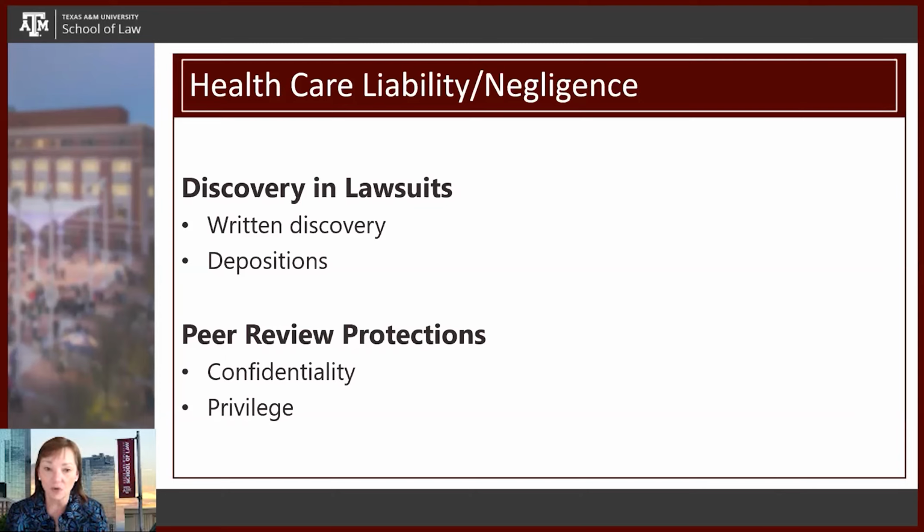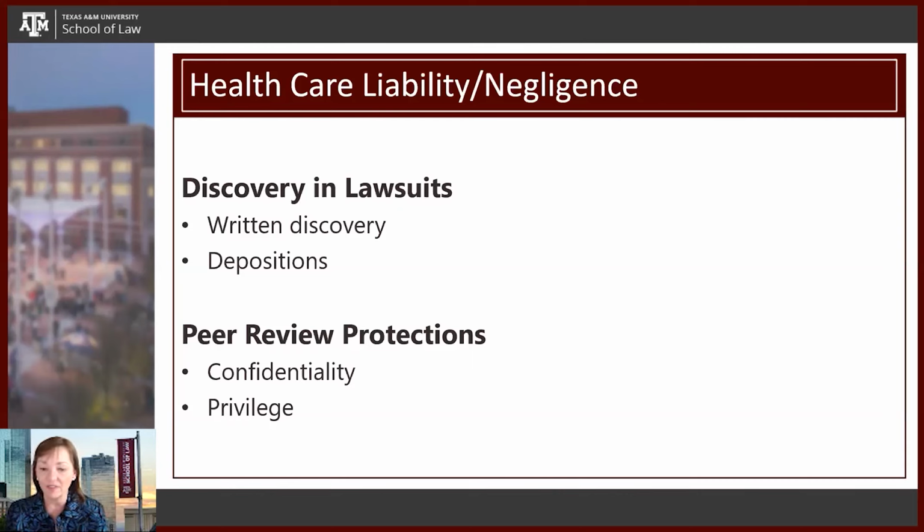Texas has some very strong peer review laws. The medical peer review privilege is set out in the Texas Medical Practice Act, and it's a strong privilege and a protection for information. The rationale behind peer review privileges is that there was an allegation for many years, and again, this is several years ago, that there was a code of silence, and that physicians or healthcare providers wouldn't testify against each other, or wouldn't say either I committed an error or some wrongdoing or breached the standard of care, or that my colleague did.